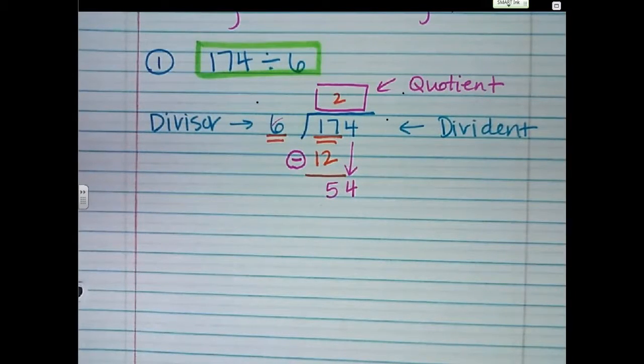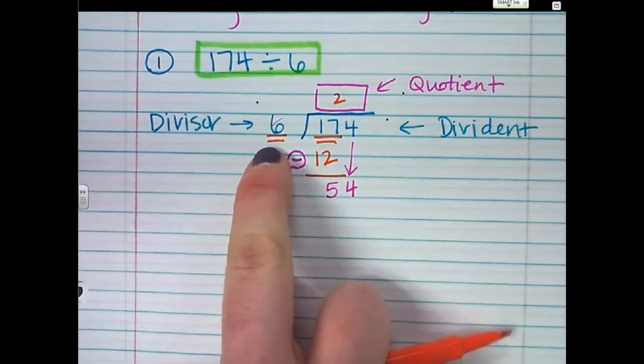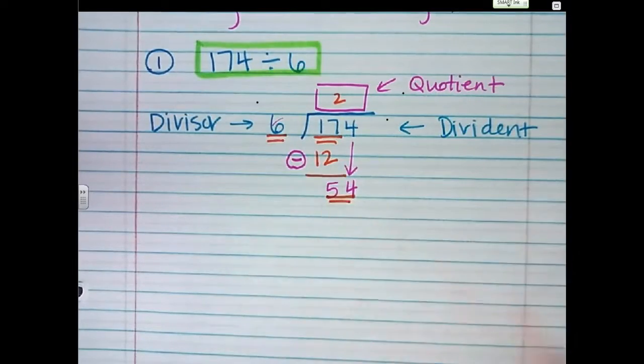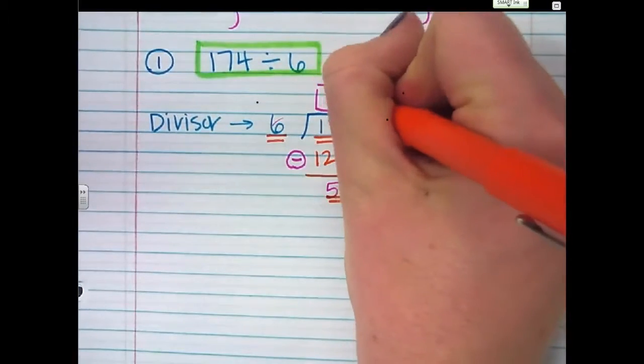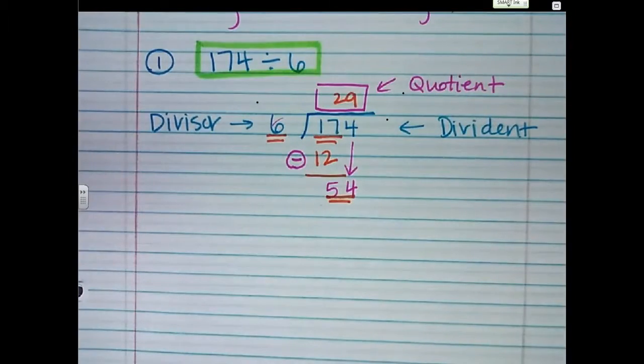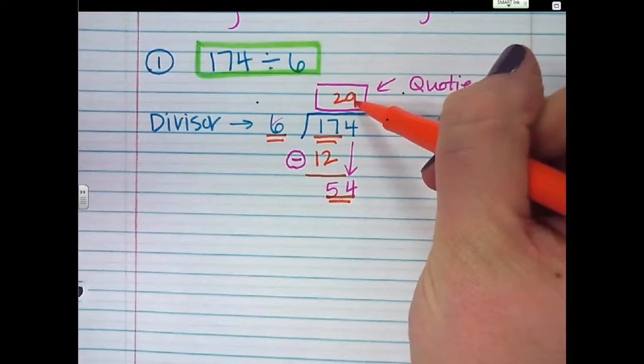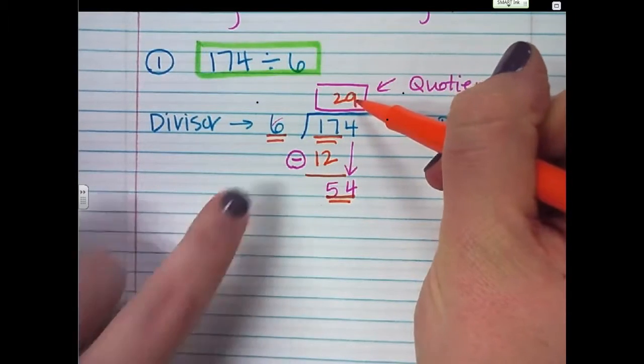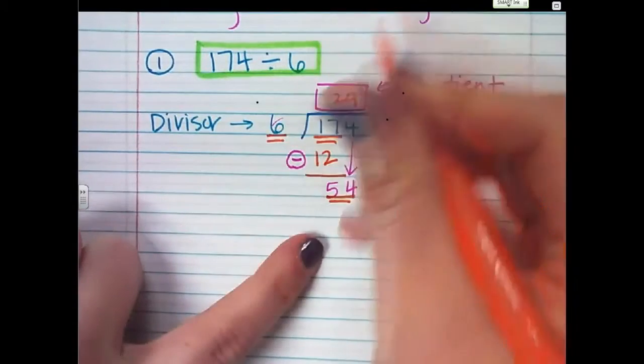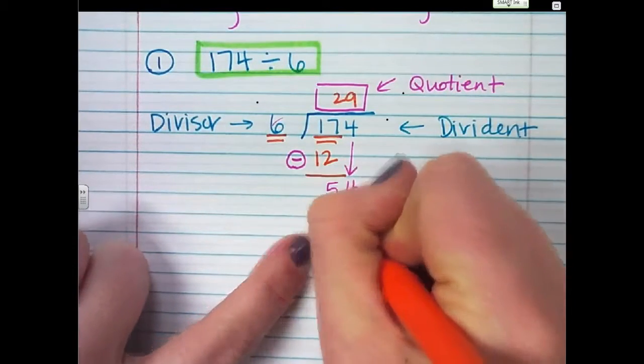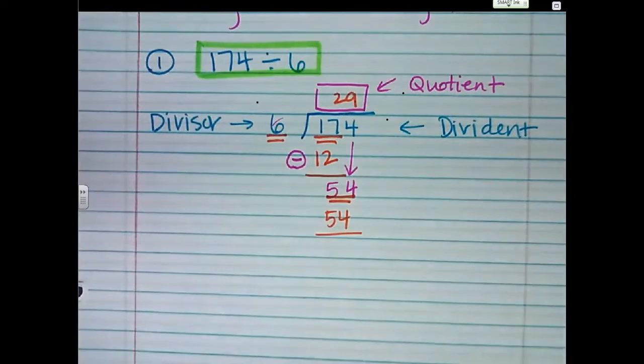What's next? How many times does 6 go into 54? 9. What do I do with the 9? Multiply again. 9 times 6 is 54. What do I do here?